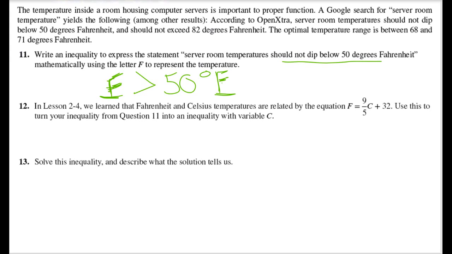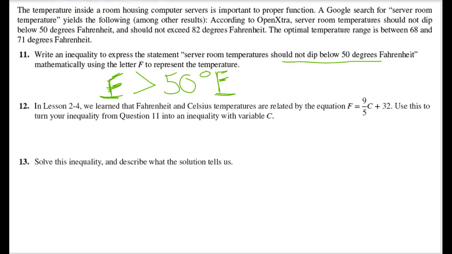In lesson 2-4, we learned that Fahrenheit and Celsius temperatures are related by the equation F equals 9 over 5 times C plus 32. Use this to turn your inequality from question 11 into an inequality with variable C. So C now is going to represent the degrees Celsius.